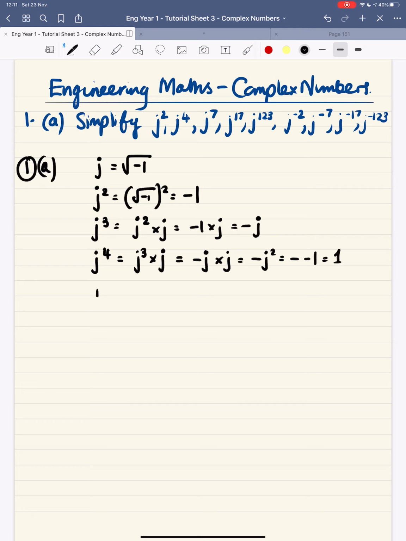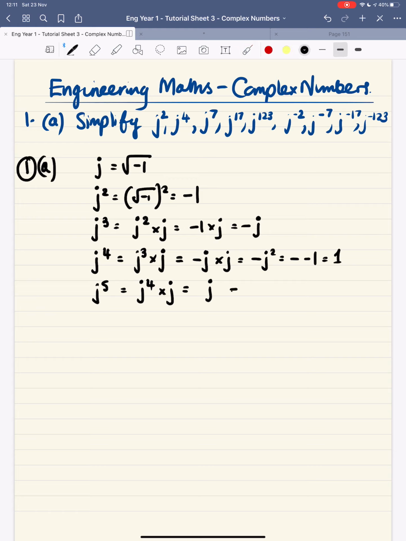And then j5 is, every time we can get a j4, that's just 1. So j4 is 1. So j5, which is j4 times j, well j4 is 1, so that's j, and then the pattern repeats.